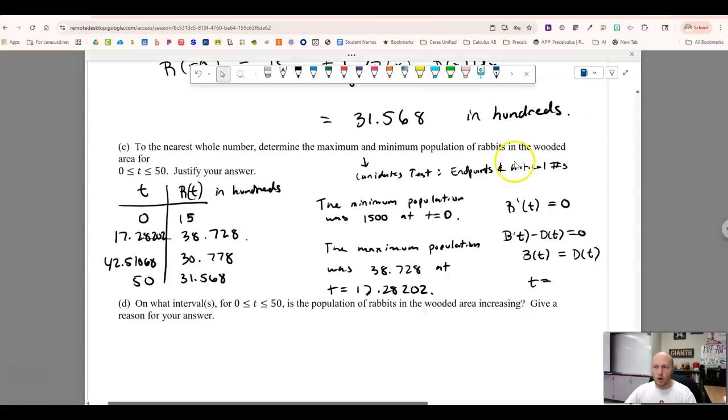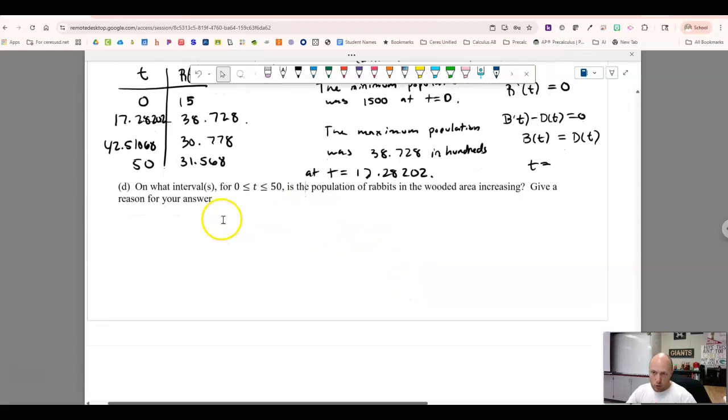For maximum minimum problems, always give the y value. The maximum is this, and then also, just for safety, include the t value. So there you go. Minimum population is 1,500 at t equals 0. Maximum population was 38.728 in hundreds, at t equals 17.282.